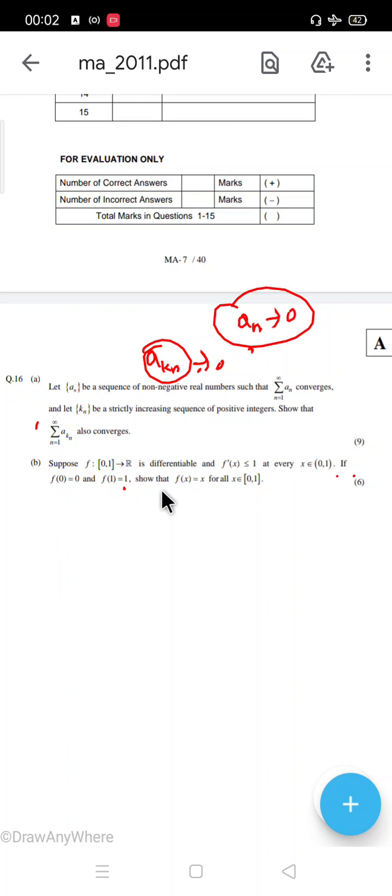If f of 0 is 0 and f of 1 is 1, then you need to show that f of x is equal to x. That means, if I take 0 and 1, what will I get? f of 1 less than or equal to 1 I will get. Then by mean value theorem, f of x is equal to x.